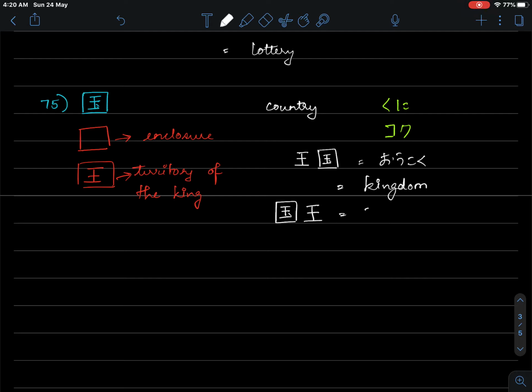Just reverse the two readings that we saw in the previous word. It's kokuo. Now it means country king, which simply means king. You may think it's redundant, but that's kind of how language works. You don't usually have just one word for any one meaning. You have multiple words which mean the same thing. So yeah, kokuo. Okay. Next word.